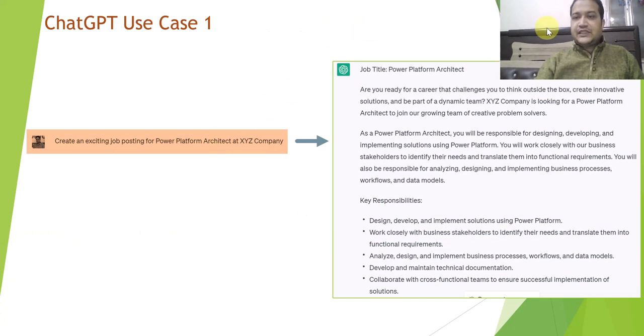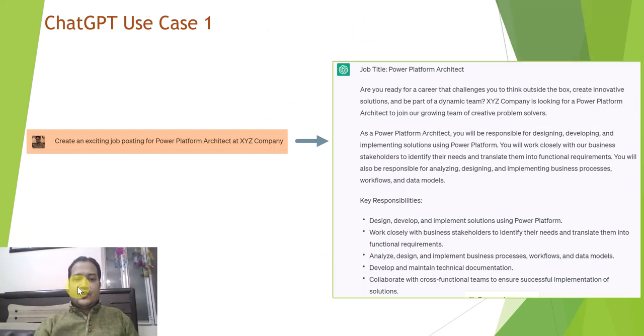Here I have just given an example. You see here that I asked ChatGPT to create an exciting job posting for a Power Platform Architect at XYZ company, and you see the response ChatGPT has generated for me. It has given a brief introduction, a summary, and the key responsibilities required for a Power Platform Architect.